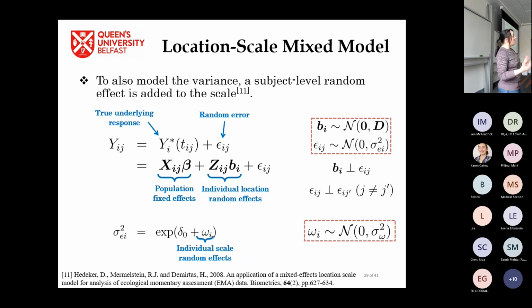These omega i terms are individual specific random effects within our scale parameter, so our scale random effects. So within this model we're incorporating both location random effects through our b i's, scale random effects through our omega i's, and modelling our residual variance through normality as well. We're trying to take into account the fact that these individuals have different variances.